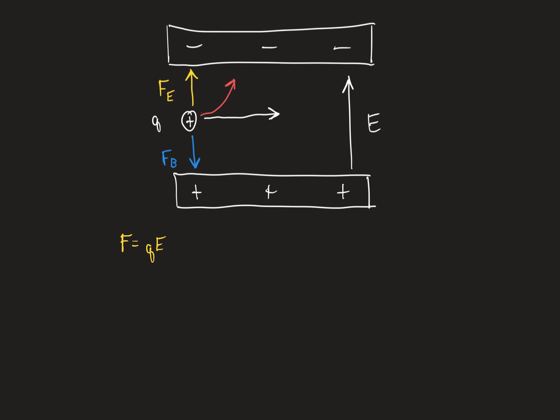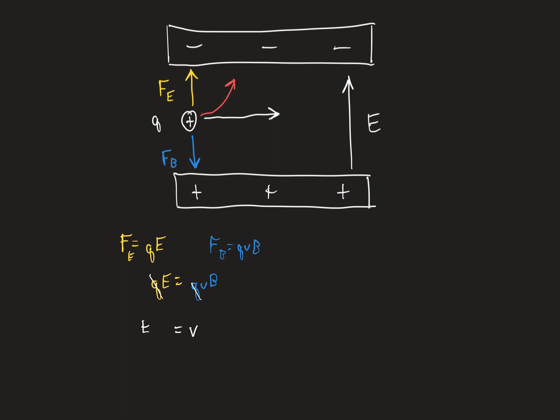I know Fb is equal to QVB. I want these two things to balance each other out, so I can set the two forces equal to each other. So that's QE equals QVB. Do I care about the size of the charge? Nope. Q's cancel out.